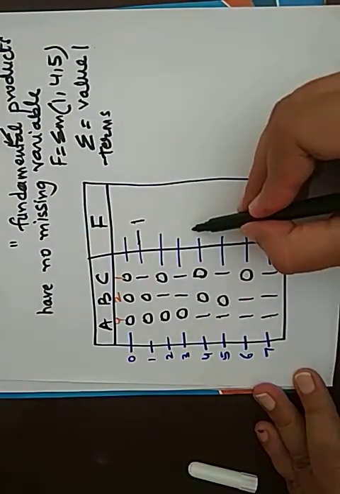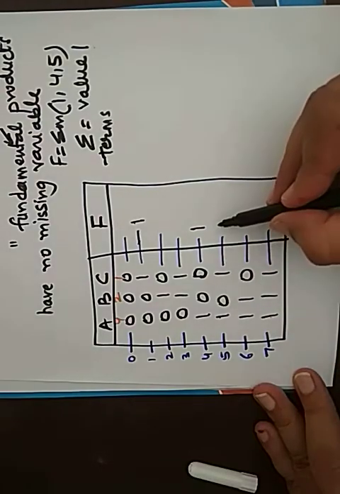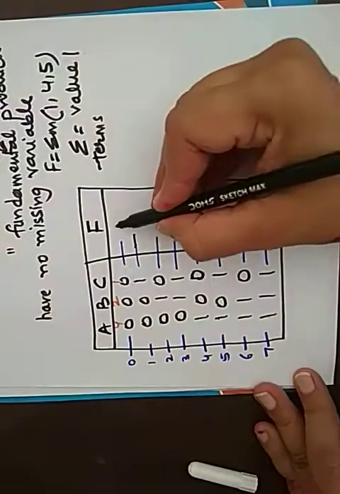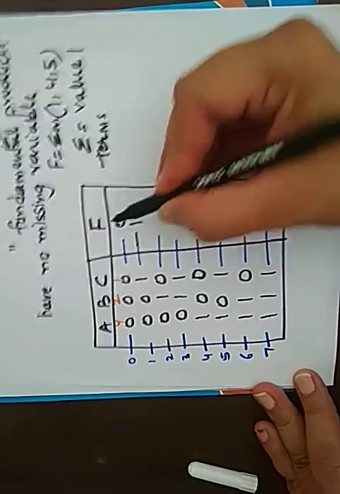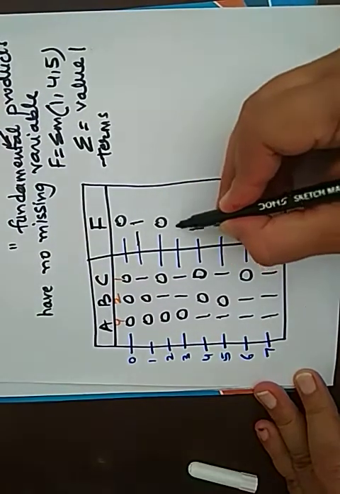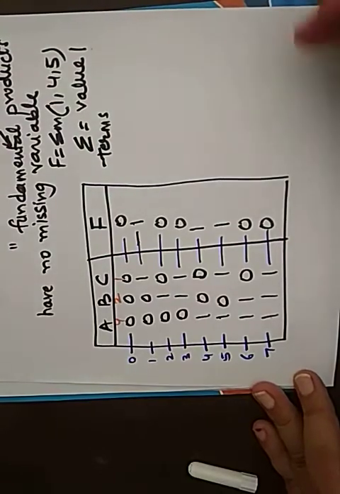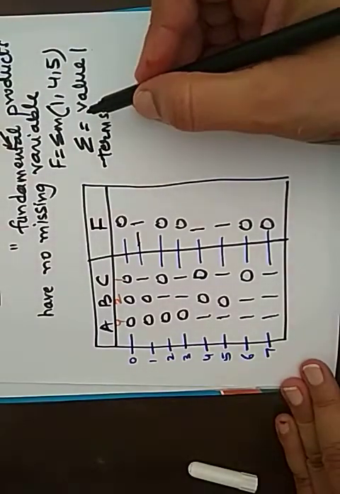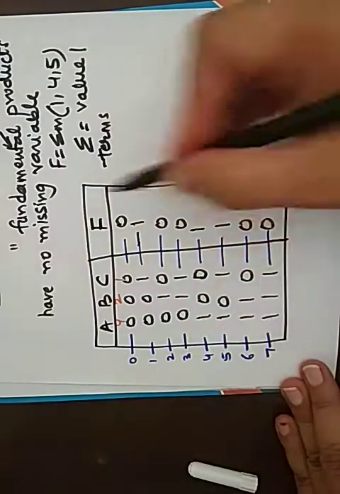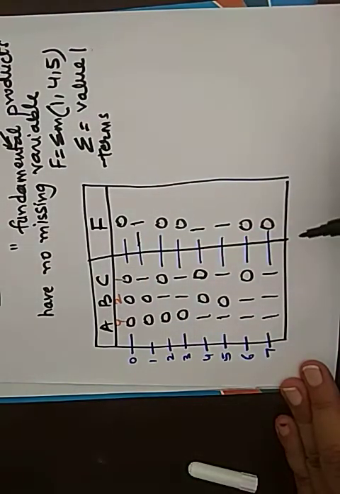For 4, the value is 1. For 5, the value is 1. And for all the other combinations, the value is 0. So if the sigma function is given, the truth table can very easily be filled.